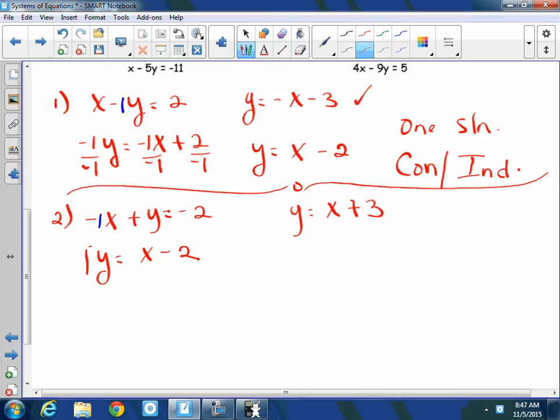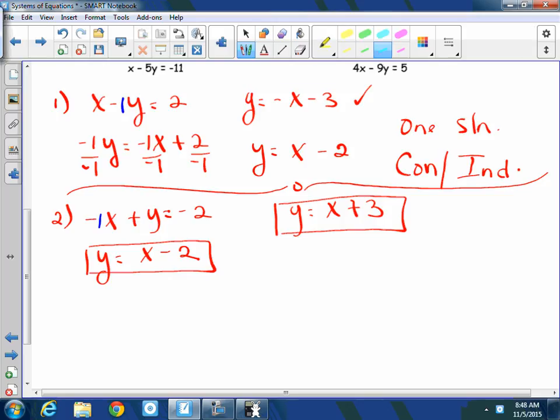Okay, so now you take a look at this, and you take a look at that, and start out with the solutions. How many solutions will you have? You don't need the graph or anything. They have the same slope. I'm going to tell you something.